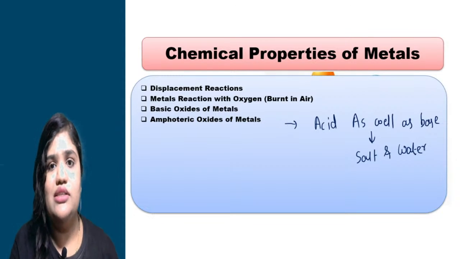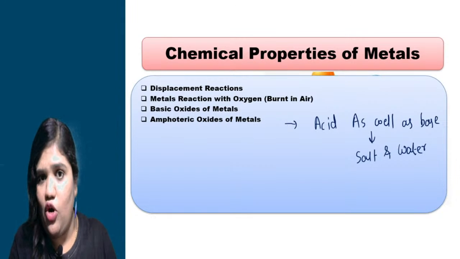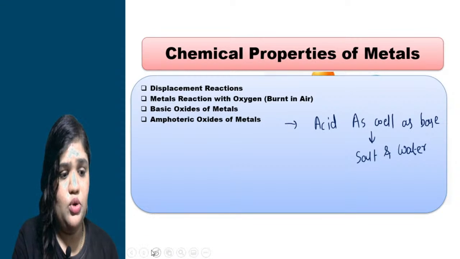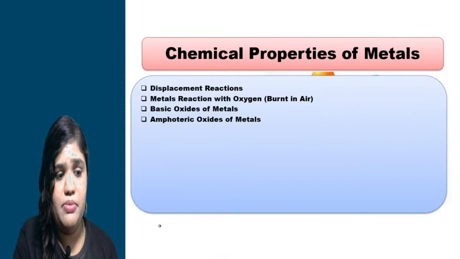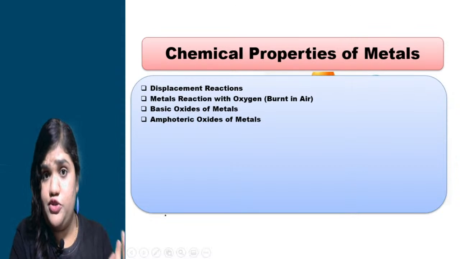So this is the simple concept regarding amphoteric oxides of metal. Now let's take one example, and find out whether there really is a formation of salt and water.